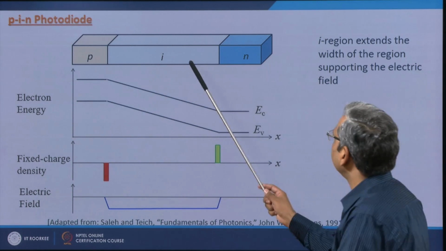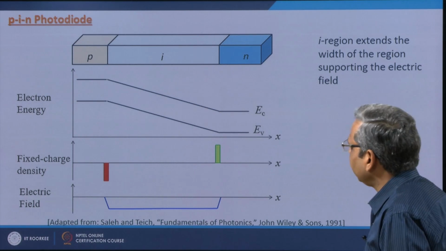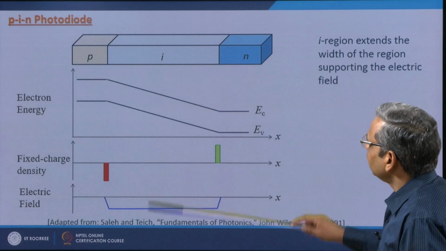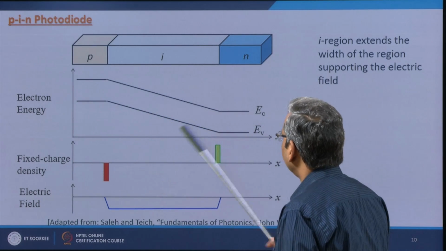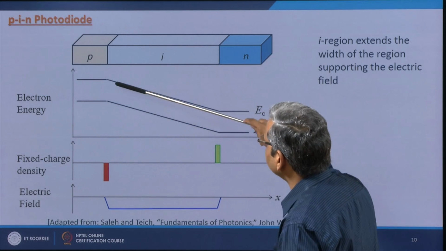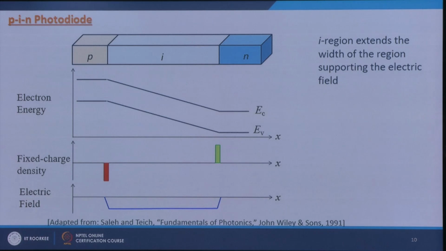Well, with this you extend the width of the region which supports the electric field, and thereby you increase the area of photosensitive region. So, if I look at it, then this is the electron energy as a function of distance. So, you have p type, you have n type, and this is the junction region where you have an electric field.